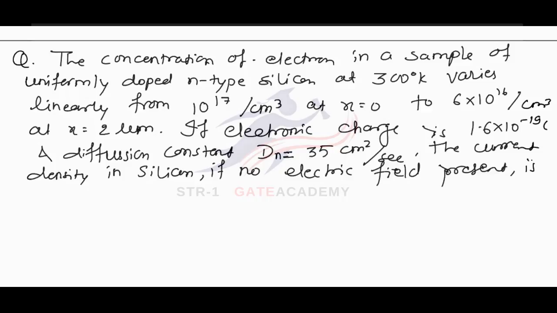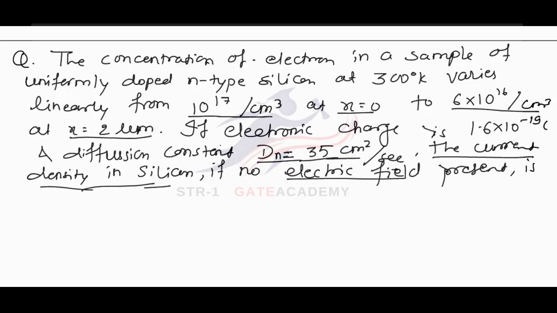So in this problem we are given the concentration of electrons at x equal to 0 and at x equal to 2 micrometers, and the diffusion constant is given. We are to calculate the current density in the semiconductor material if no electric field is present.